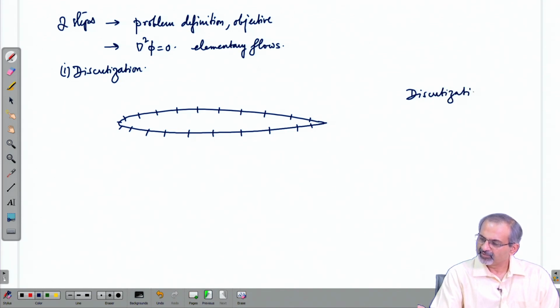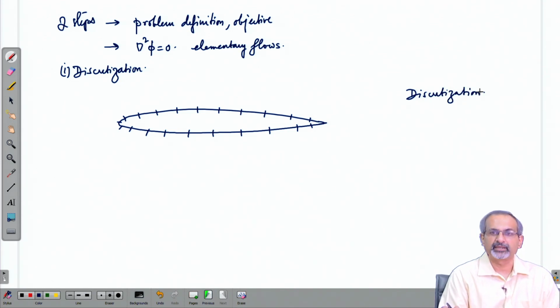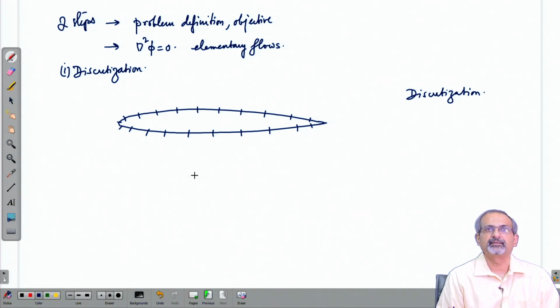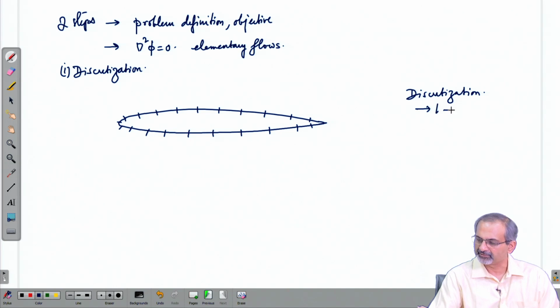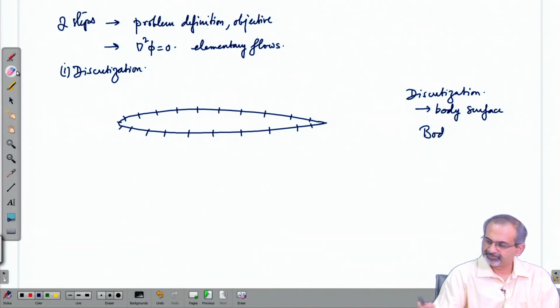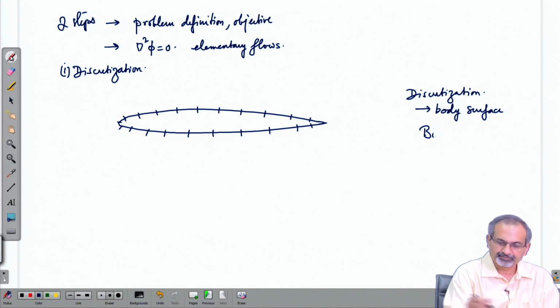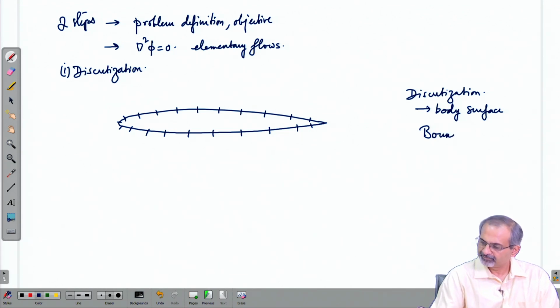Notice that there is a flow field around the body, we are not bothering to discretize that flow domain. So, the discretization is confined to the body surface. Now, this works for a wider range of techniques which are called boundary element techniques, or boundary element method.